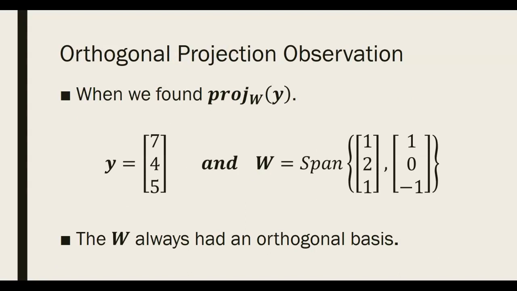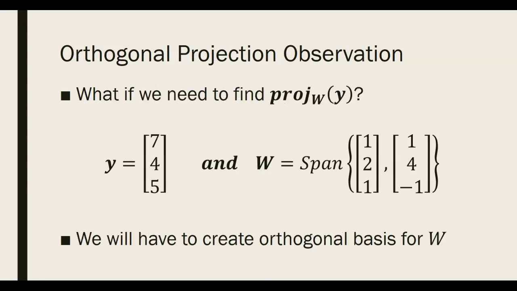And so what we're going to do in the next section is ask, what's going to happen if my basis for W doesn't start out as orthogonal? What if I want to project onto this W, but I'm not given an orthogonal basis for it?